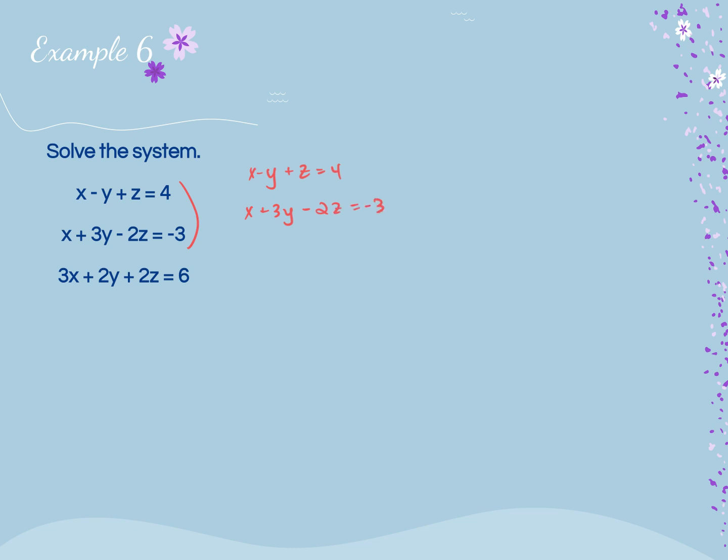I want to eliminate, I could really pick any of them, but maybe I'll pick z. I'll multiply the top by 2, okay? So the top is going to become 2x minus 2y plus 2z equals 8. Cancel that out. I'm going to get 3x plus y, the z's cancel, equals 5. That's my new 1, right?